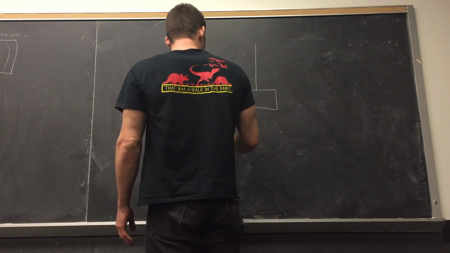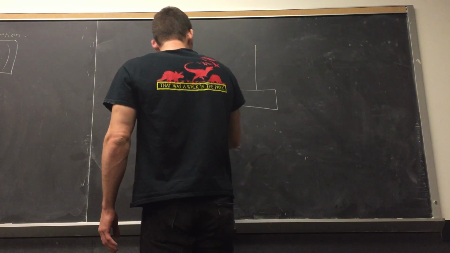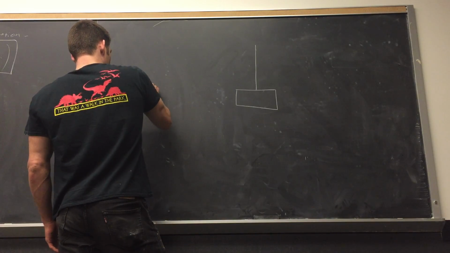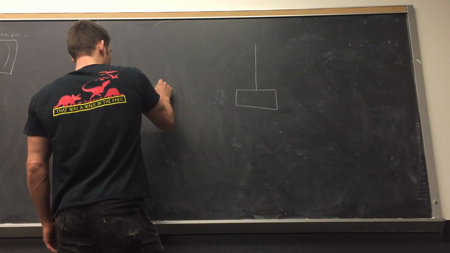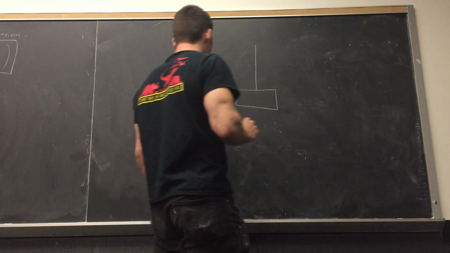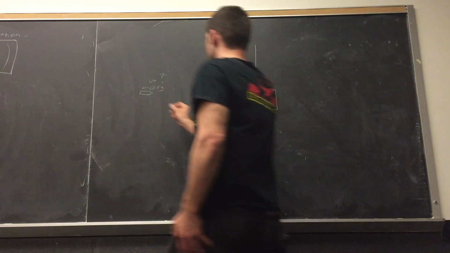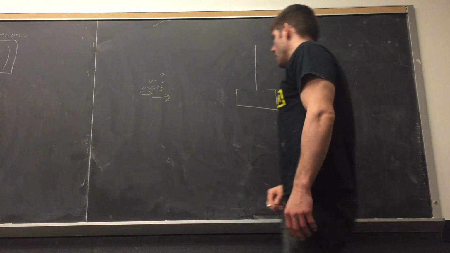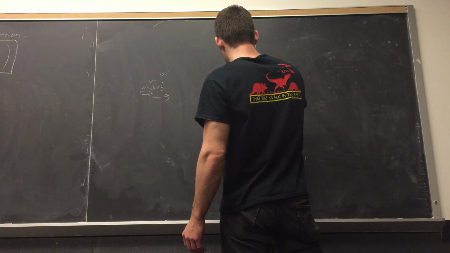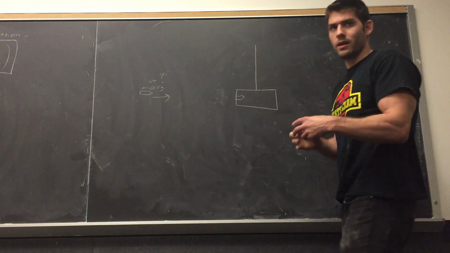So here's a block, and here's a bullet. The mass is equal to 0.01 kilograms. I don't know the velocity. Now the bullet's probably going really fast. The bullet hits the block and it gets embedded in the block. It gets lodged in it.